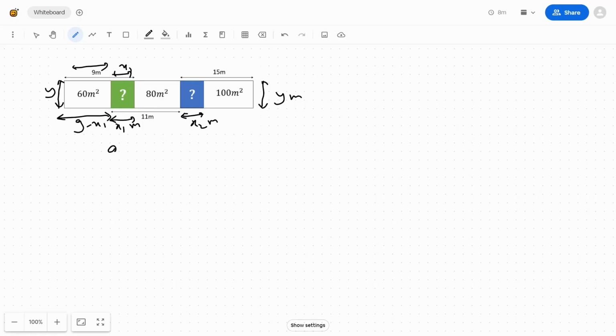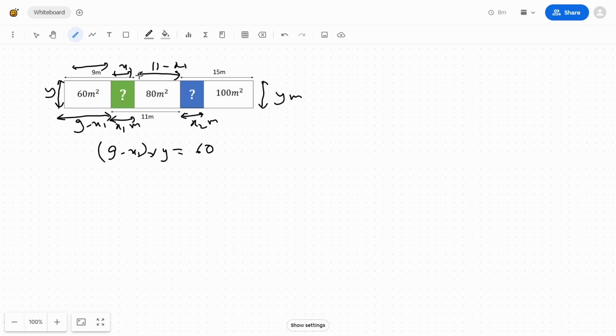Hence, 9 minus x1 into y is equal to 60. Similarly, for this part, its area is 80 meters square and its length will be 11 minus x1 because total length is 11 meter and length of the green rectangle is x1.